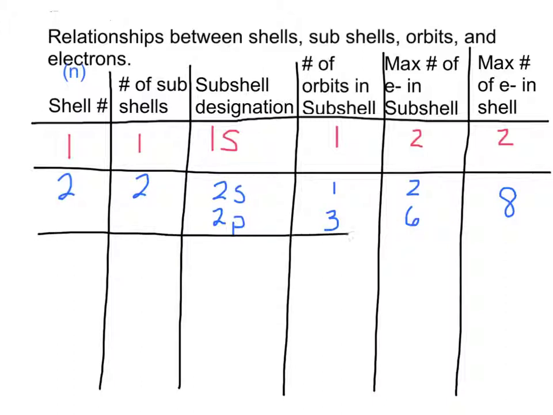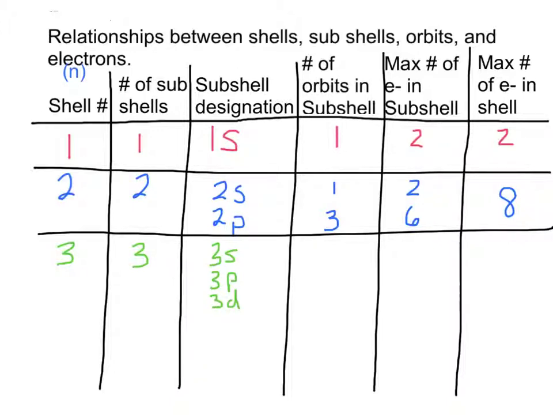Now if we go down to the third level, let me pick another color here. We have 3 subshells. Now we have to look at the blue, but the blue has a 3 in front of it. So we have a yellow, a red, and a blue that have 3. The yellow is a 3s, the red is a 3p, and the blue is a 3d.